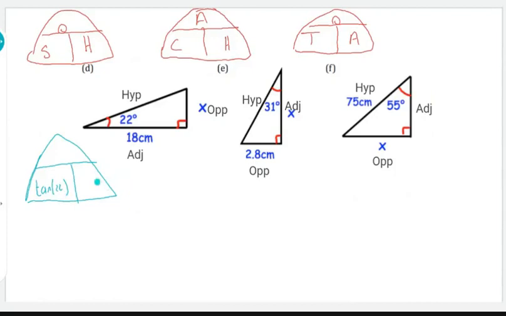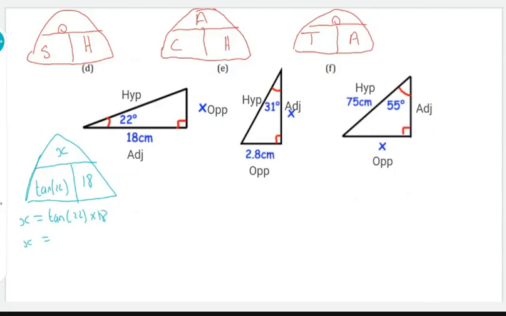Then we've got the opposite, which is x, and the adjacent, which is 18. So using that formula triangle, x is equal to tan 22 times 18. Are you in agreement so far? Yeah. Nice.